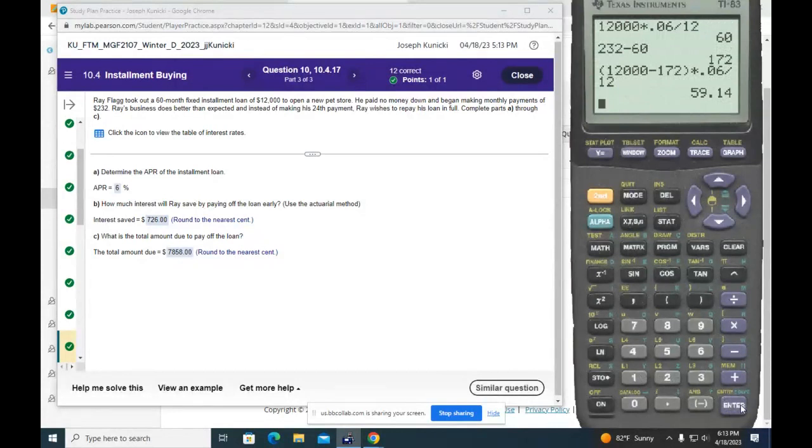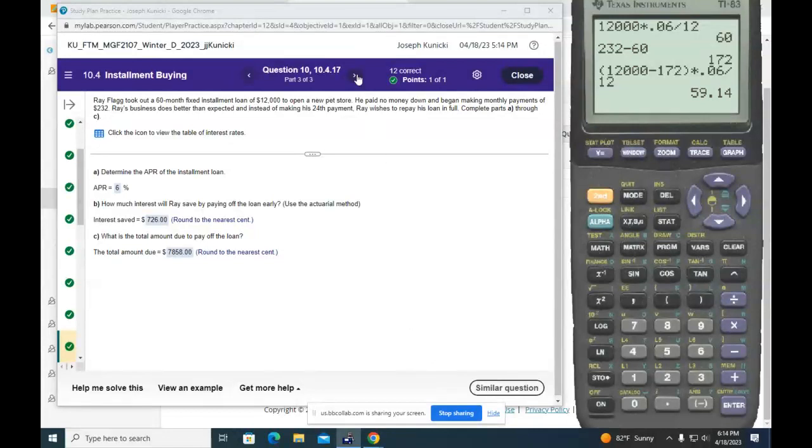The next month the interest is $59.14. But I get an extra 86 cents principal. So it's going to keep going down. That's why it seems like, well, only $726. Well, that's the nature of how these things work. It's all simple interest formula.